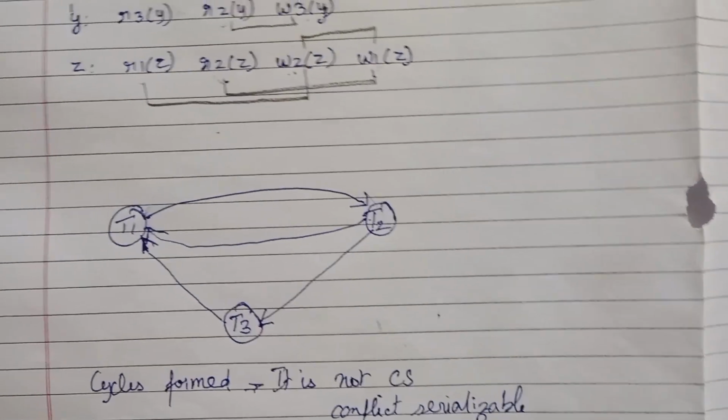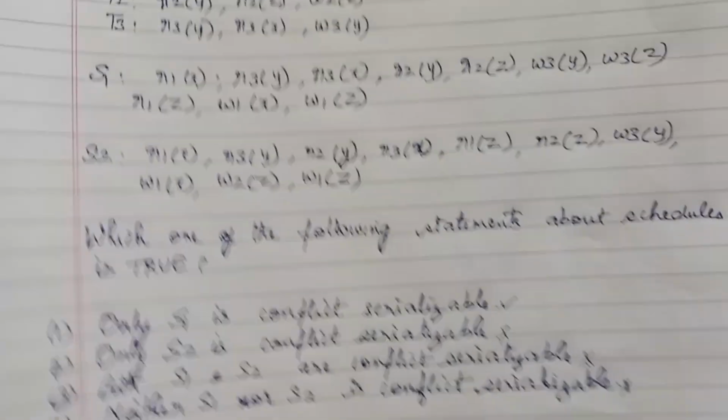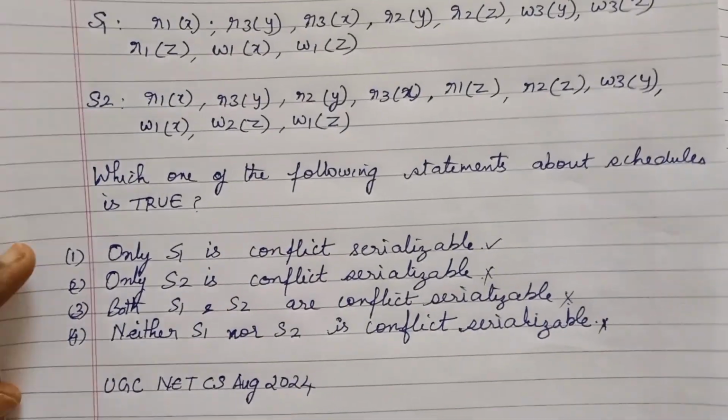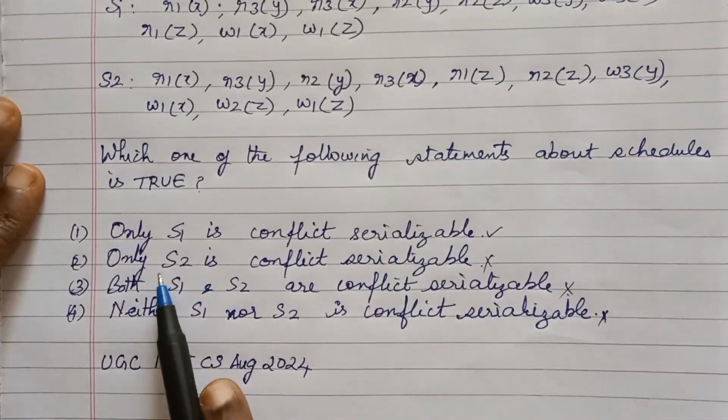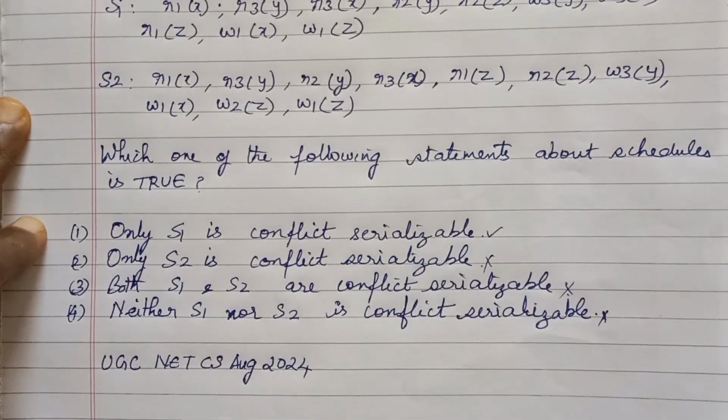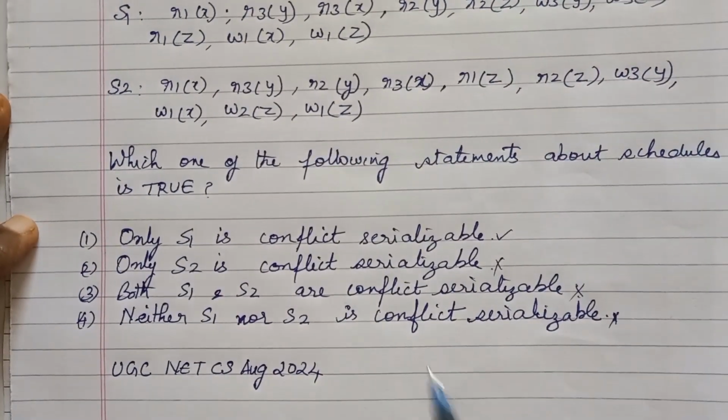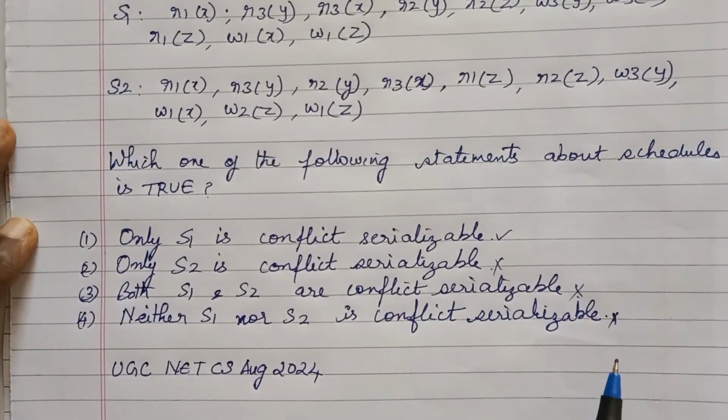So your answer here is the first one only, because only S1 is conflict serializable. Okay, so this is the answer. The rest of them are false.